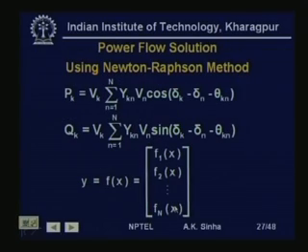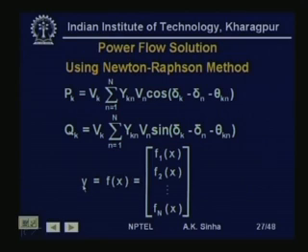The other methods which have much faster convergence are methods such as the Newton-Raphson method. Now, here again if we go back to our power flow equations, the power injection P k and Q k in terms of V and delta and the circuit elements, we can write this expression as we have done earlier.